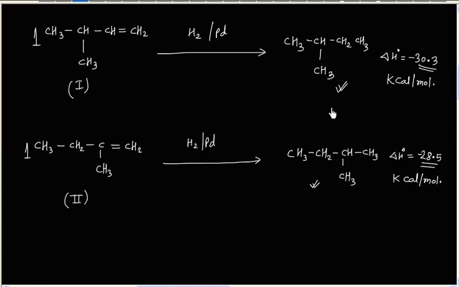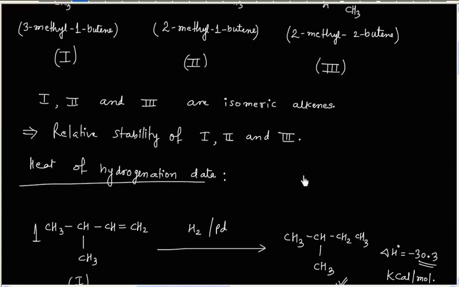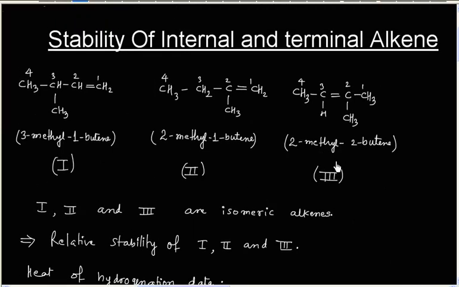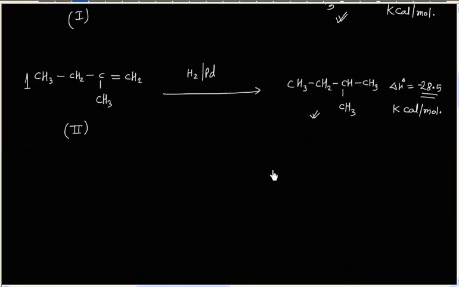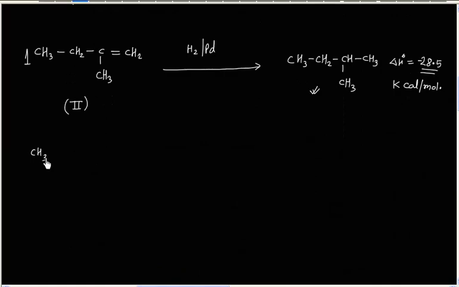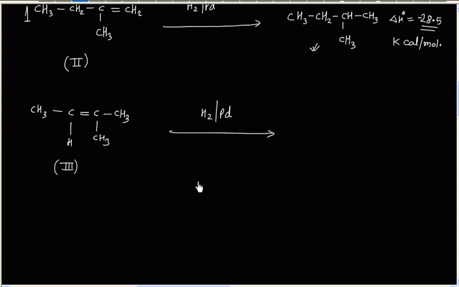Now let us hydrogenate molecule 3, that is 2-methyl 2-butene. If this is hydrogenated in the presence of nickel or platinum, this will give finally an alkane.